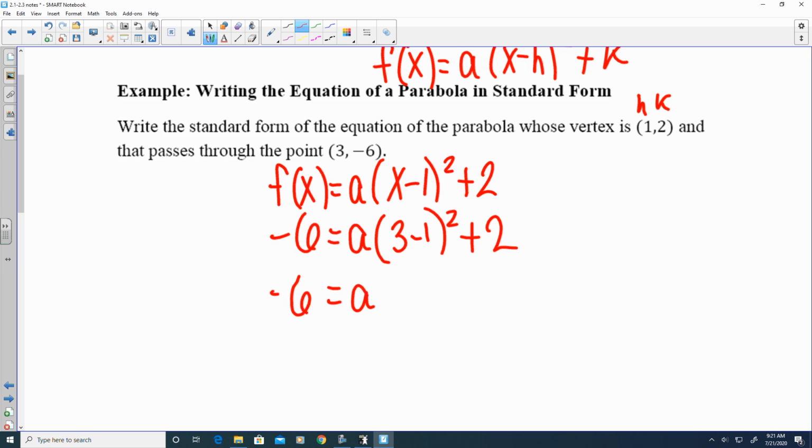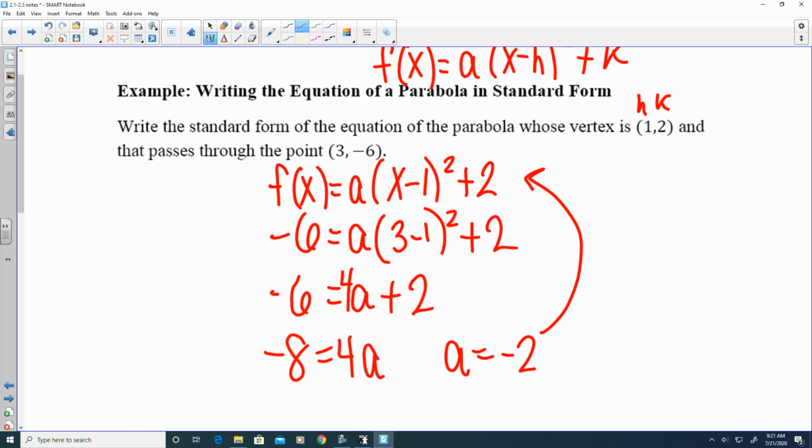Let's see, 3 minus 1 squared is 4. Subtract the 2, and a is -2. So the standard form then, I'm just going to have to pop that -2 back in here. My standard form is -2 times (x minus 1) squared plus 2.